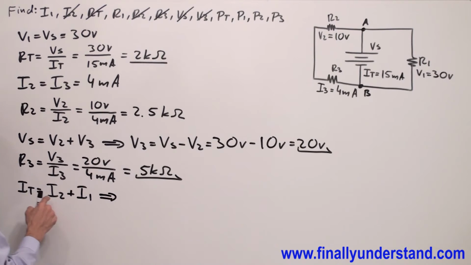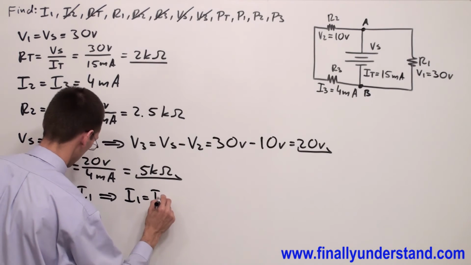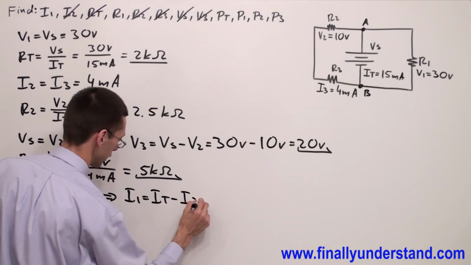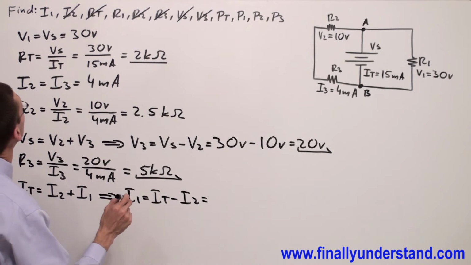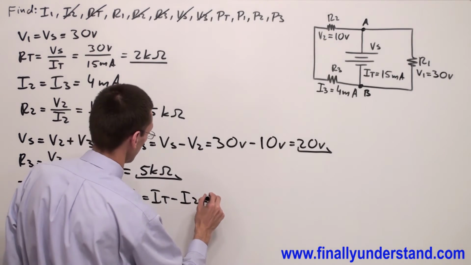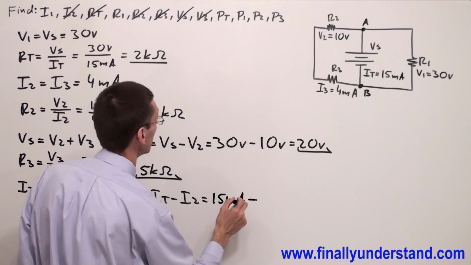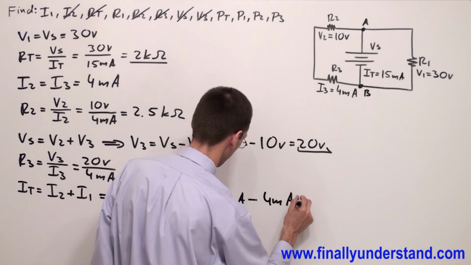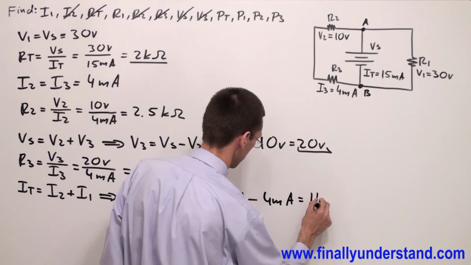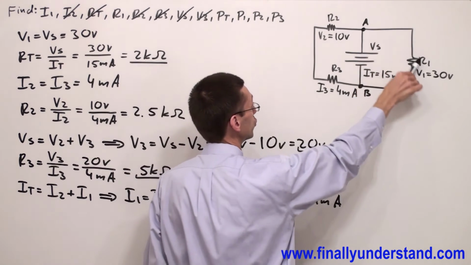This is nothing else, just Kirchhoff's current law. So I1 is equal to I total minus I2, where I total is 15 milliamps minus I2, which is 4 milliamps. This is equal to 11 milliamps.